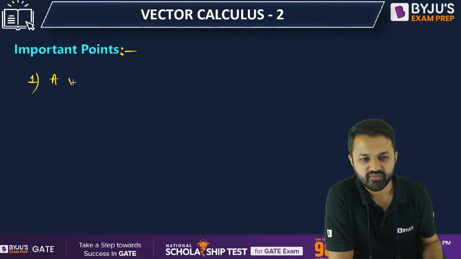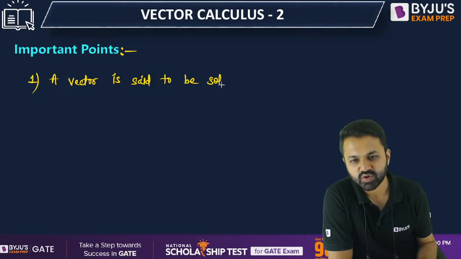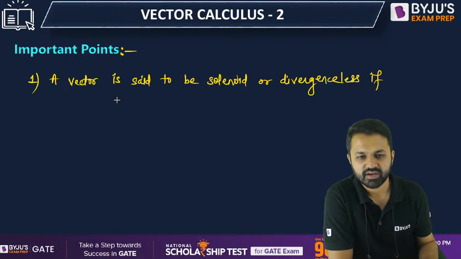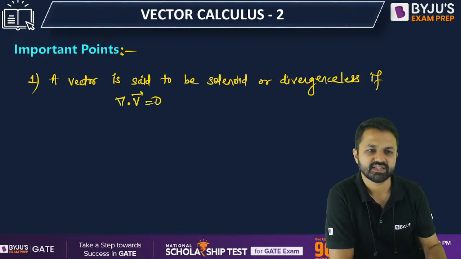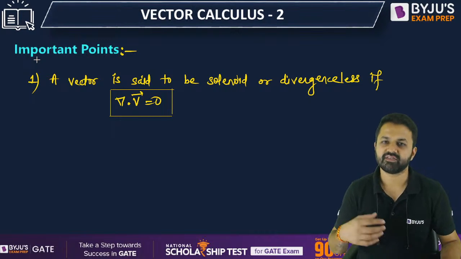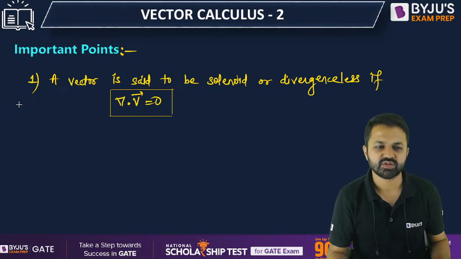A vector is said to be solenoidal or divergence-less if the divergence of the vector is equal to 0. So always remember that if they give you a vector which is divergence-less, then equate the divergence of that vector to 0, and they will ask you to calculate some constant.